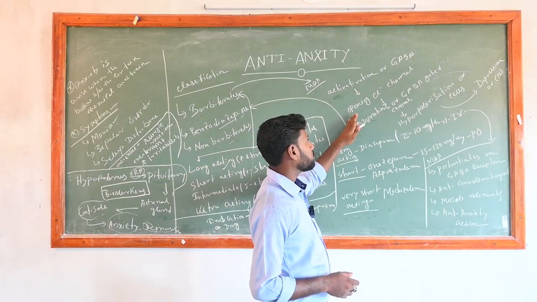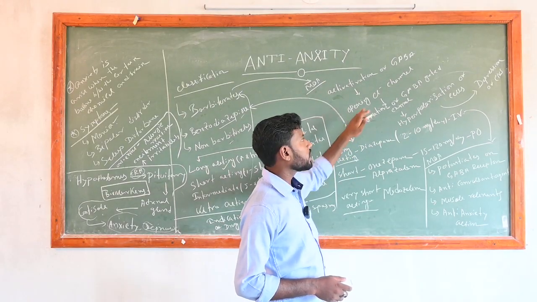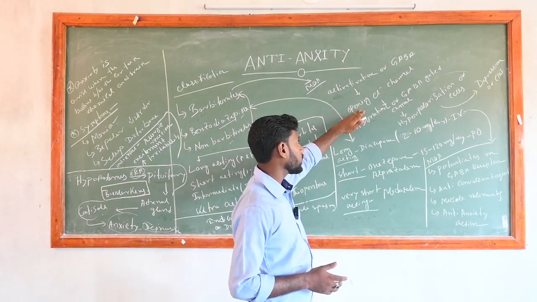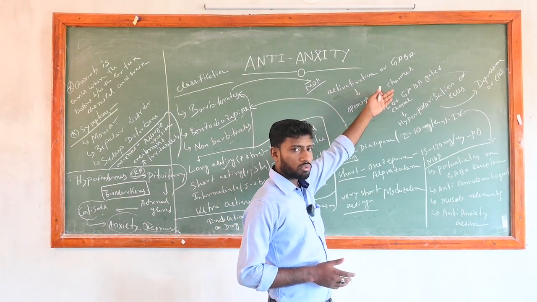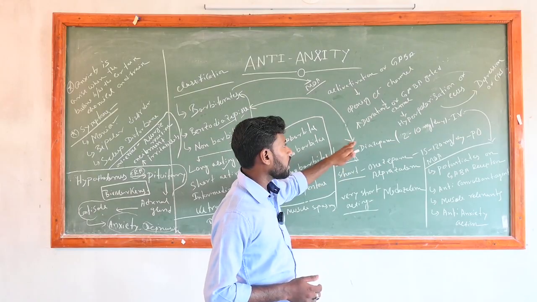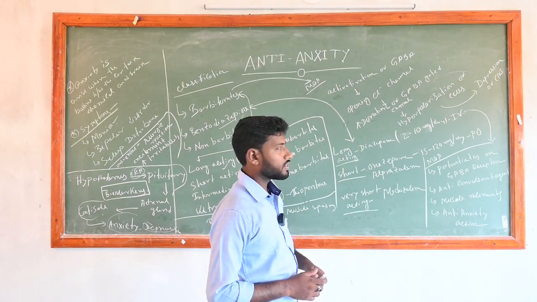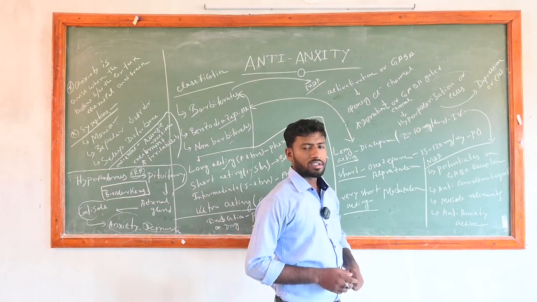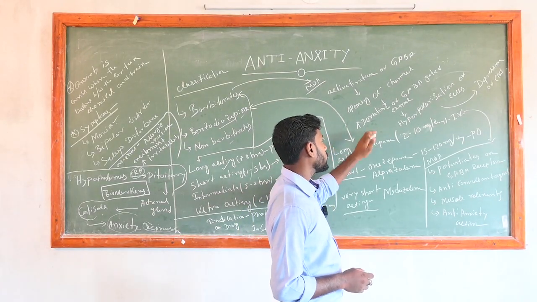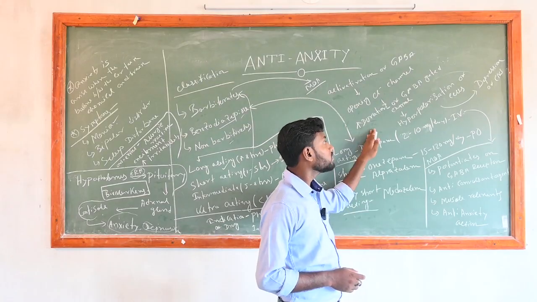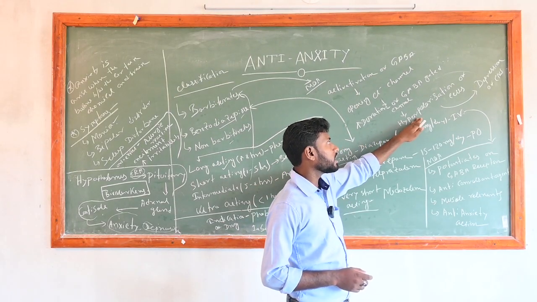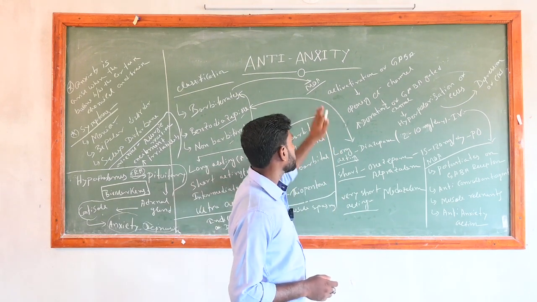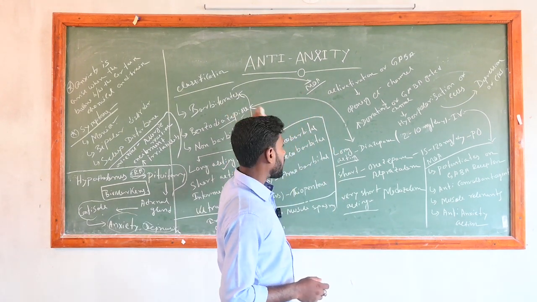When the GABA receptor is activated, the chloride channel opens. When the chloride channel opens in our body, hyperpolarization of the cells occurs, increasing the duration of the GABA-gated channel opening. This hyperpolarization is the depression of the CNS, which is the main mechanism of the barbiturates.